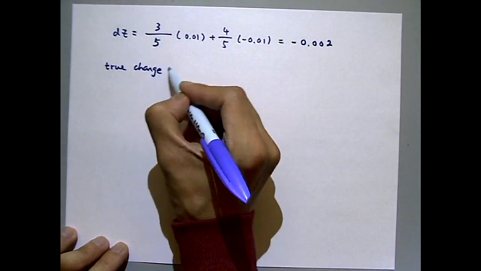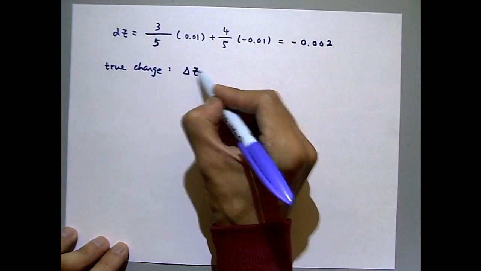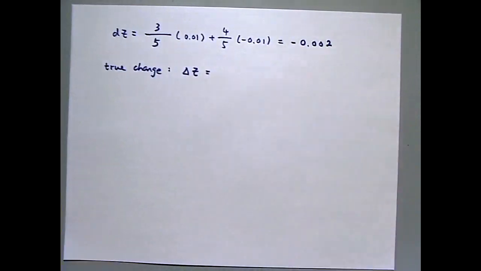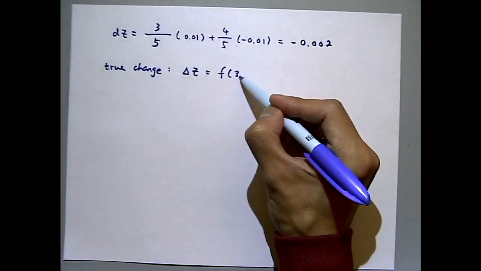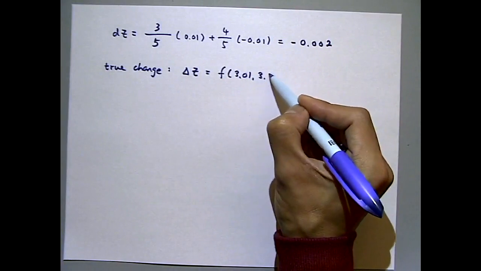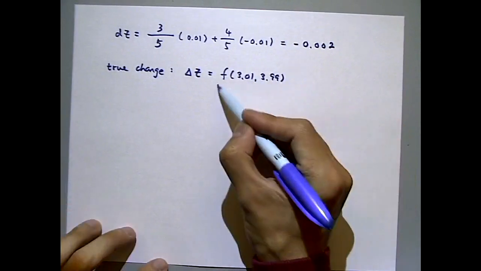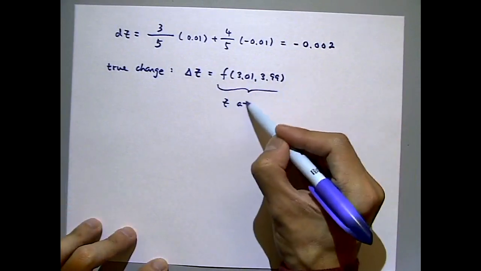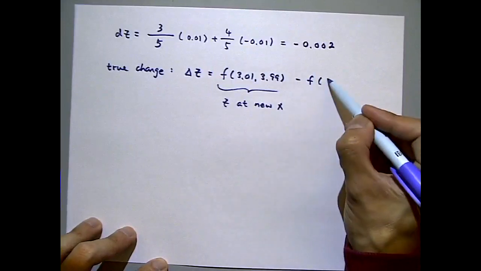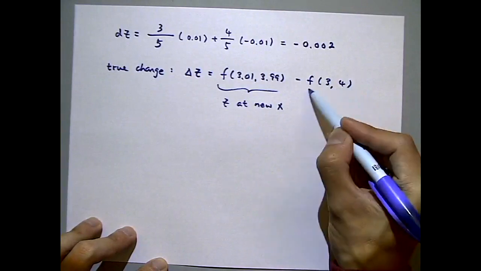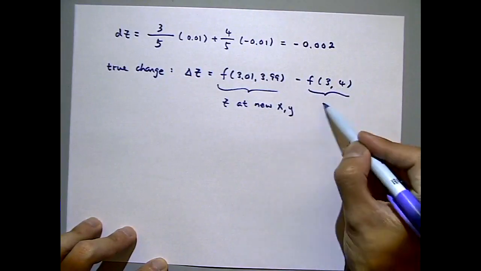The true change is the easy one. This is the z at the new x, minus the z at the original x, y.